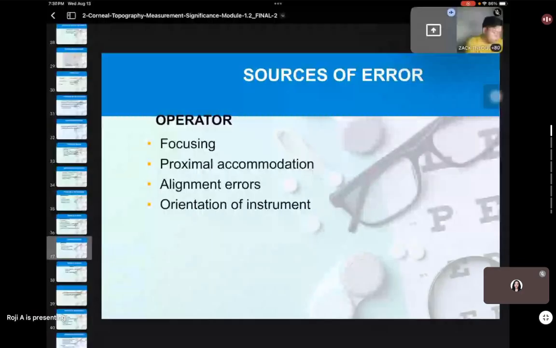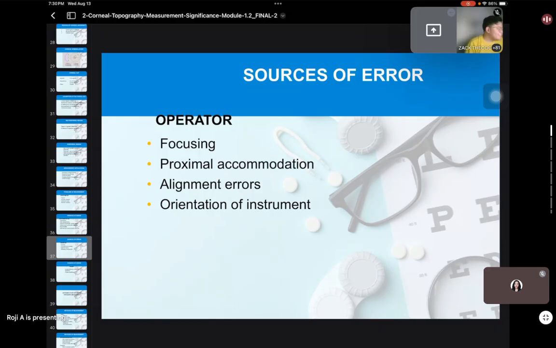Friend. And you know how he does that? He accommodates forcefully to alter the findings. That's why you would notice the best thing to make sure that accommodation is relaxed is by what?